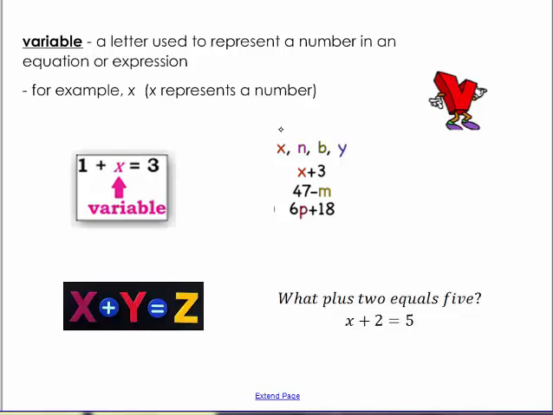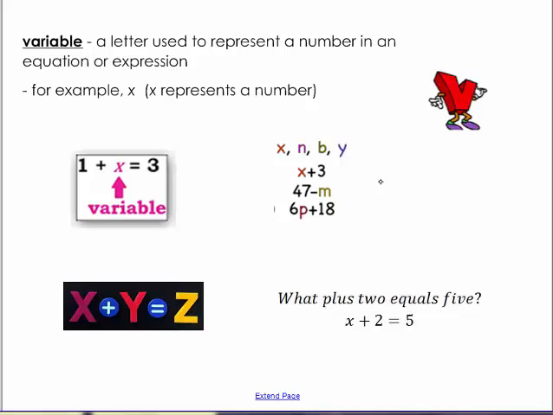We see some other examples of variables x and b and y, and we see them placed in these algebraic expressions. Now, the most used variables in algebra are x, y, and n.